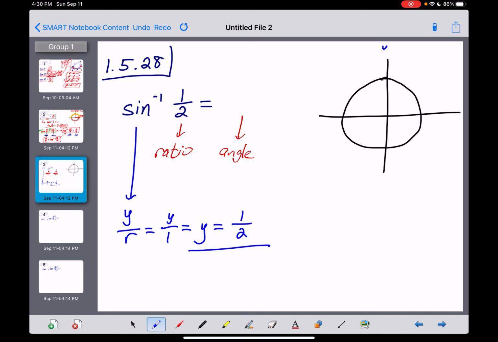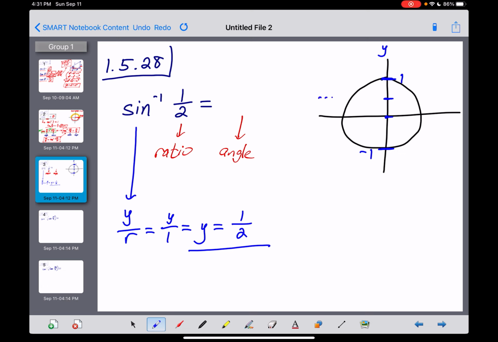So thinking about my y-axis right here, I know that right up here, my y coordinate is 1. That would be at pi over 2. Right down here at 3 pi over 2, my y coordinate is -1. And of course, right there, our y value is 0. Now, 1/2 is obviously halfway between 0 and +1.